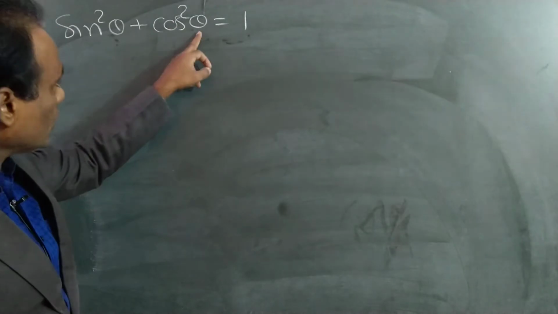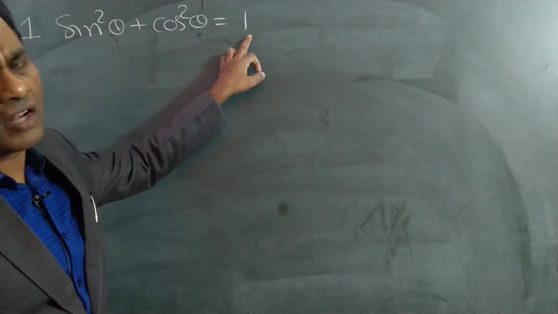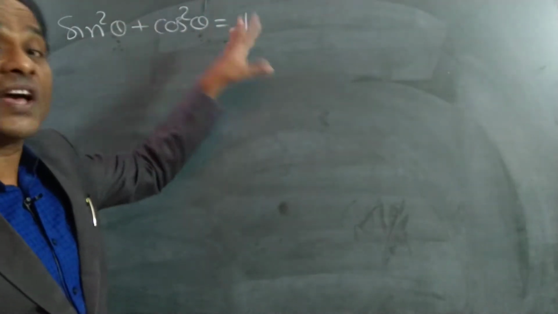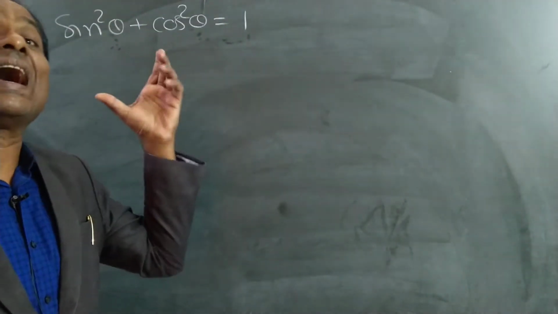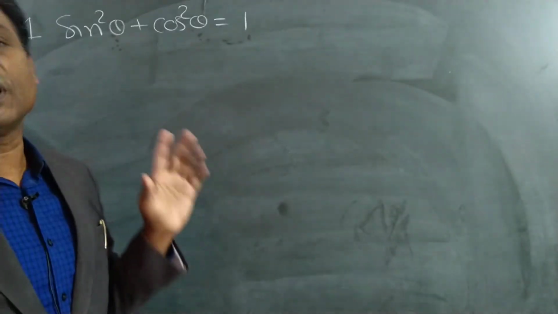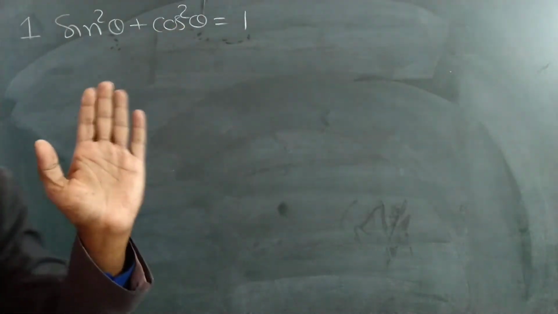Theta is equal to 2 degrees, it will be 1. Theta is equal to any angle, this will always be 1. So if it is true for every value, we call it an identity. This is the first identity between the trigonometric ratios. You have to remember this.